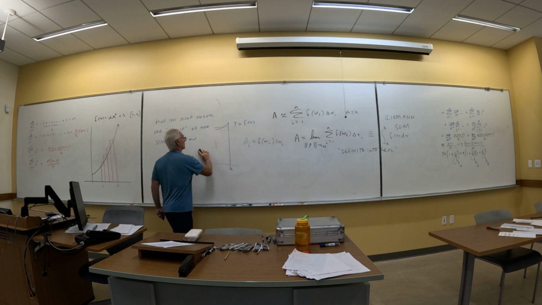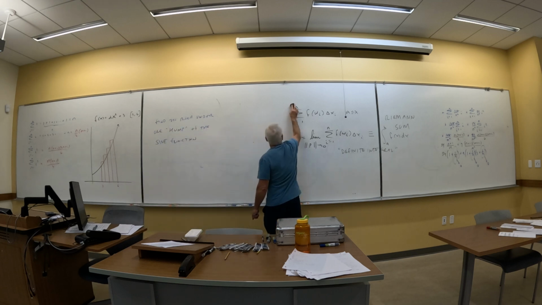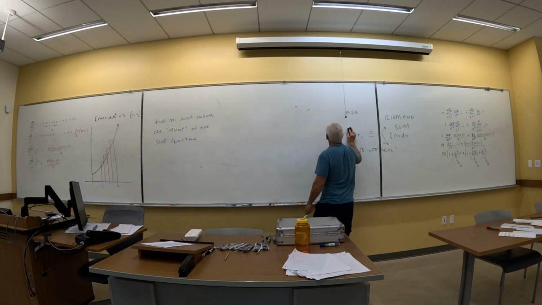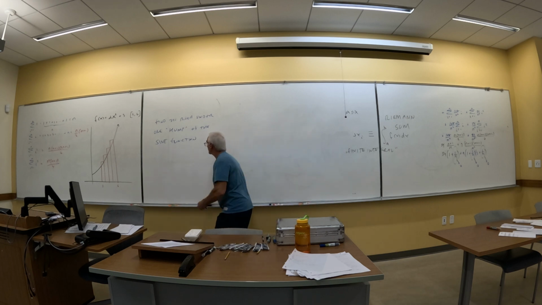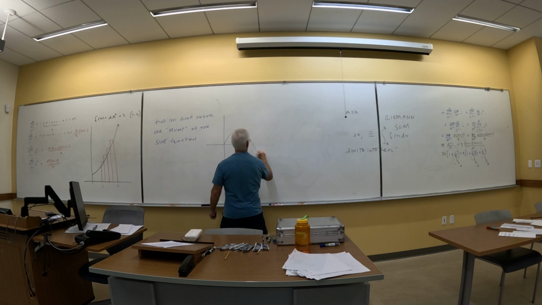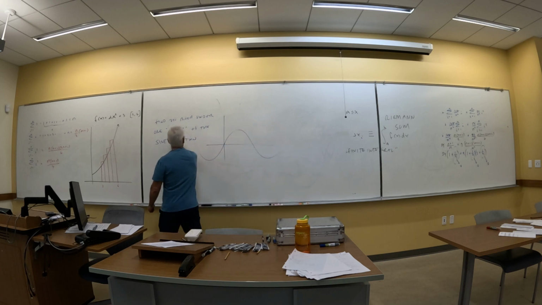So if we draw a picture, well, I know what the sine wave looks like. It goes like this forever. I want to find the area under one hump.